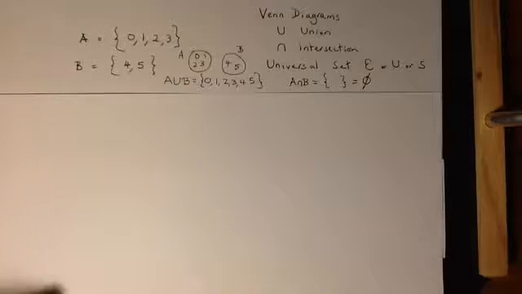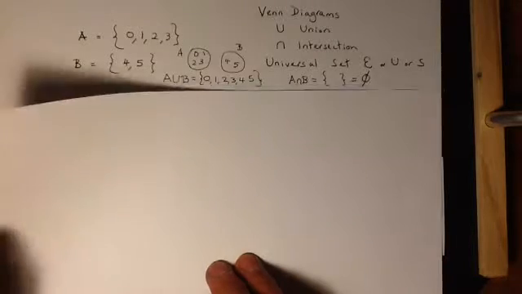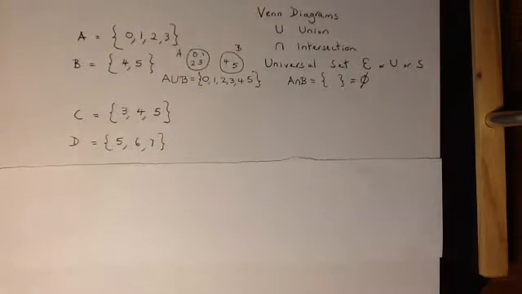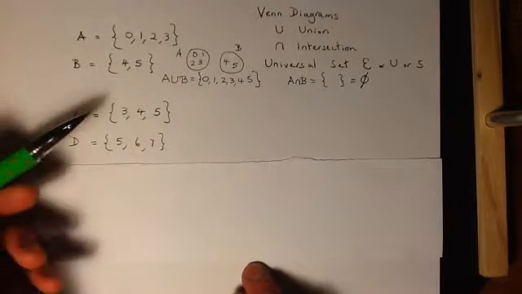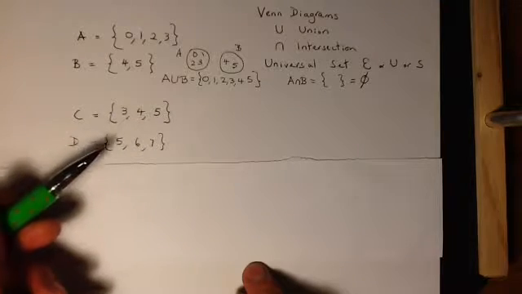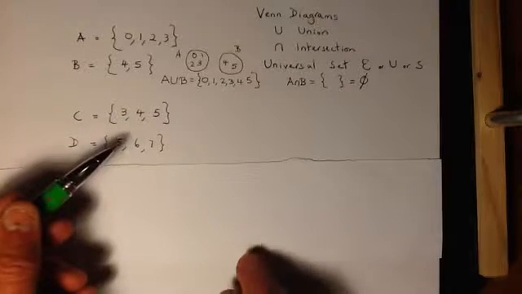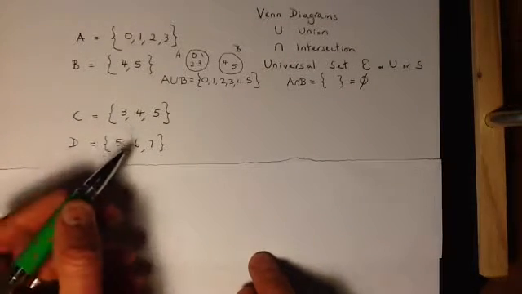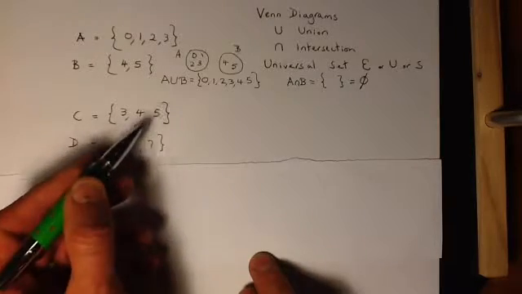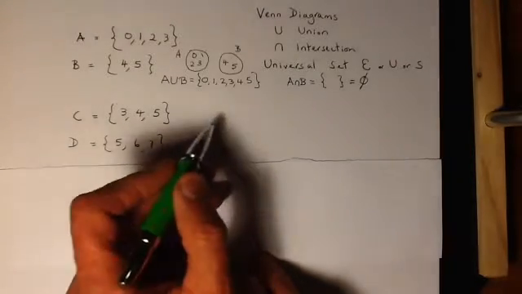Okay. Right, let me show another set. There we go. Or another two sets. So let's look at set C and set D, and you can see I've made these up so that they do have an intersection this time.